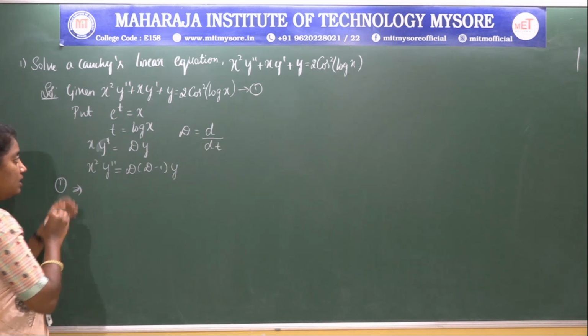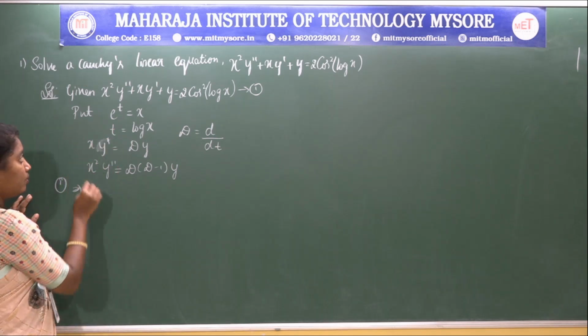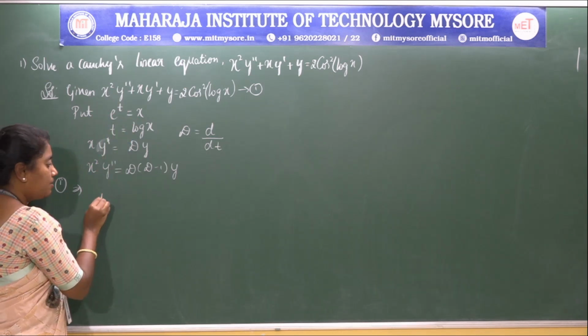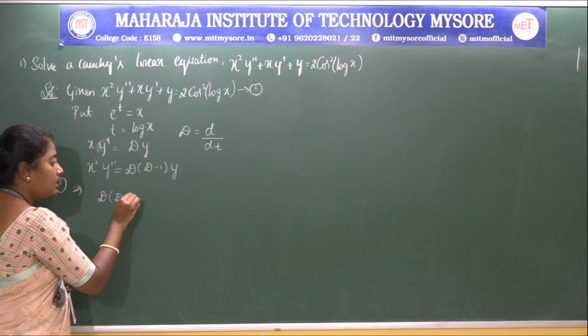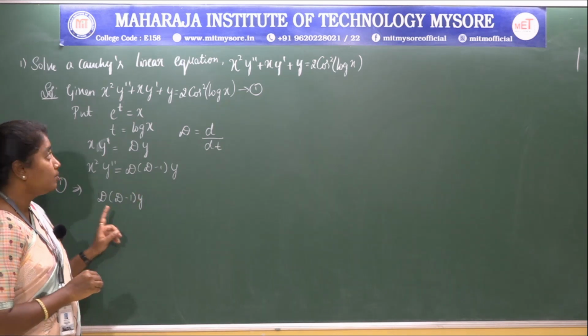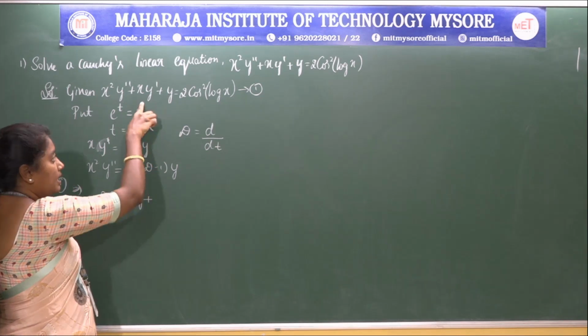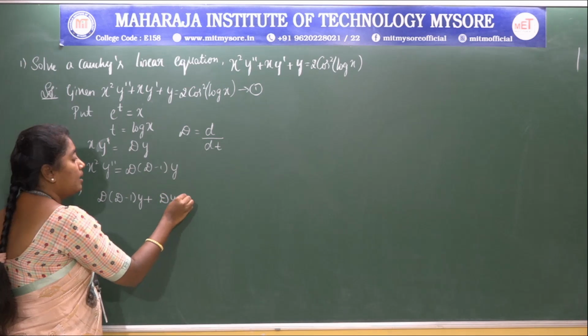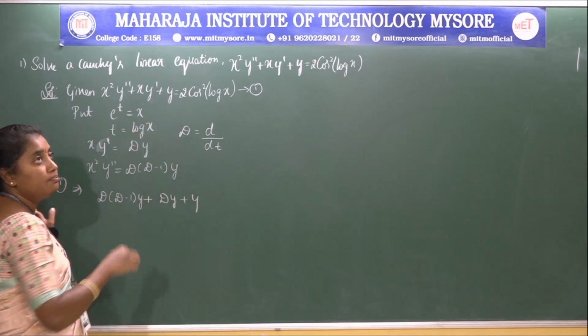On substituting these values, equation number 1 becomes: x square into y double dash is D into D minus 1 y, plus x into y dash is equal to Dy, plus the last term y.